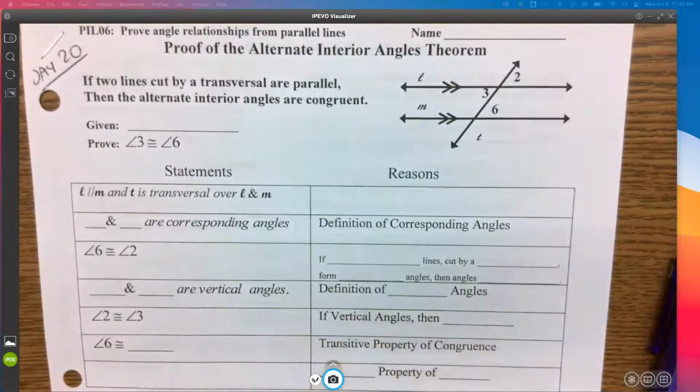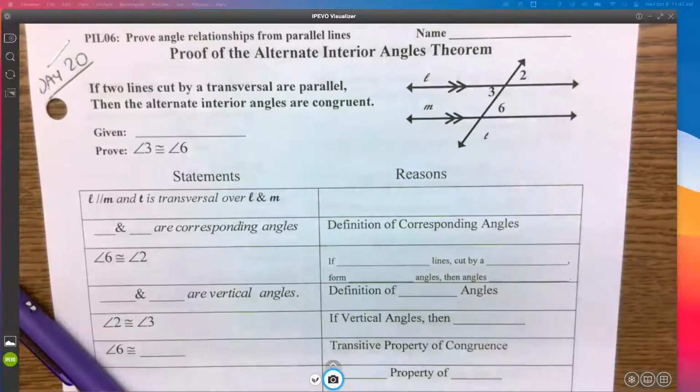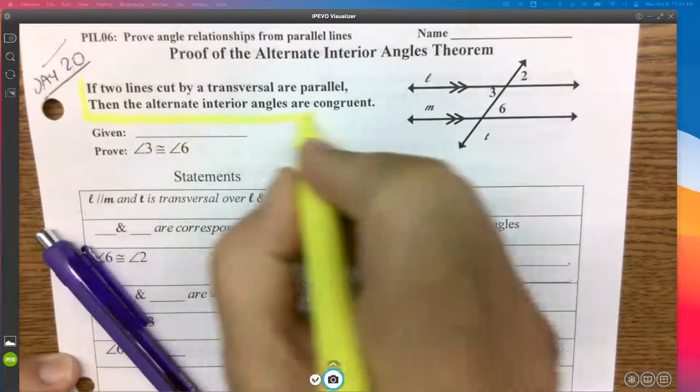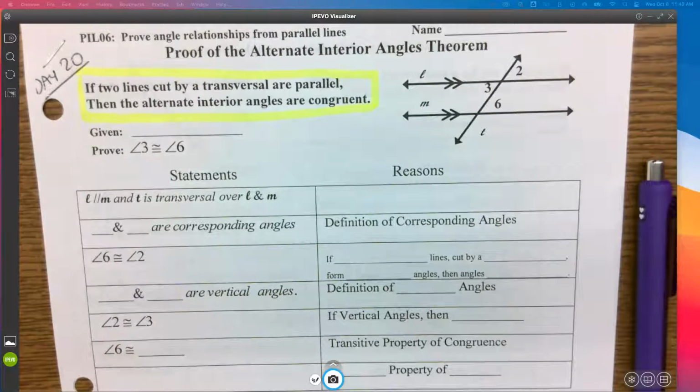Today, we're going to be proving alternate interior angles theorem, alternate exterior angles theorem, same side interior angles, and same side exteriors. You'll notice that the intention of all these things is to prove a theorem. So this is the theorem we're trying to prove.